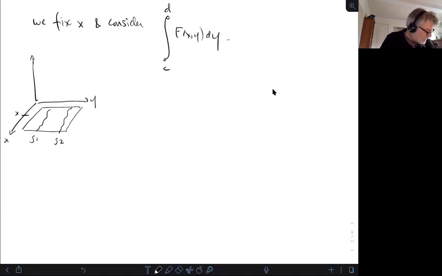Okay, I fix the x, and I'm integrating the function big F from C to D. This is C to D, right? So from here to here, what does the function look like? Well, over the interval here, it might look like that, but here it's flat. Okay, I'm just going to draw that slice.